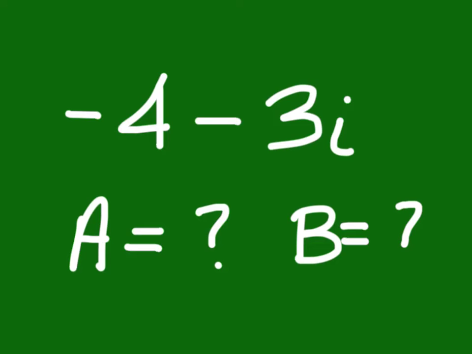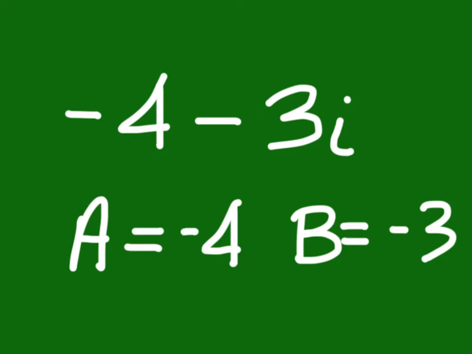So if I had negative 4 minus 3i, what would A be? Negative 4, and what's B? Negative 3. Simple as that.